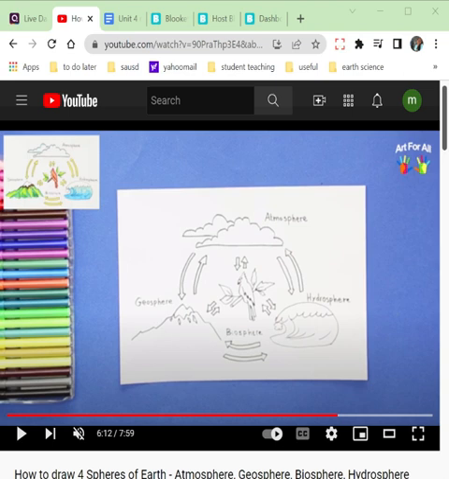And then our glaciers, the ice that you would see at the Antarctic.